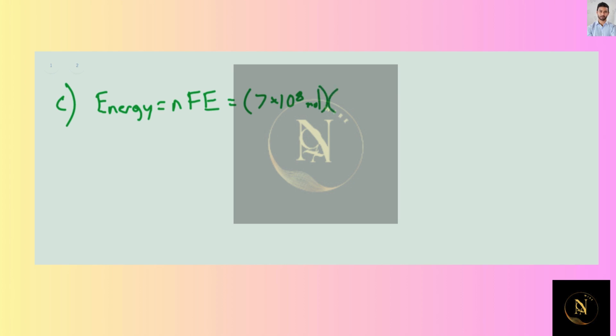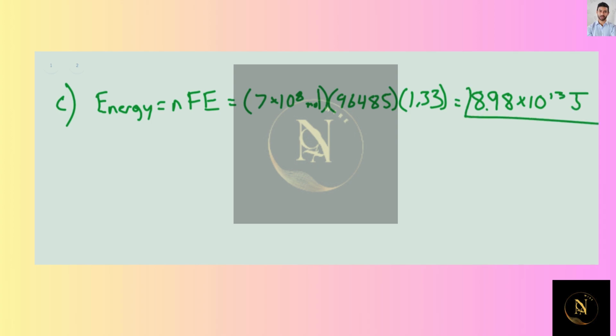We multiply by Faraday's constant and the voltage which is required, which is 1.33, and we get a value of 8.98 times 10 to the 13th joules of electrical energy required.